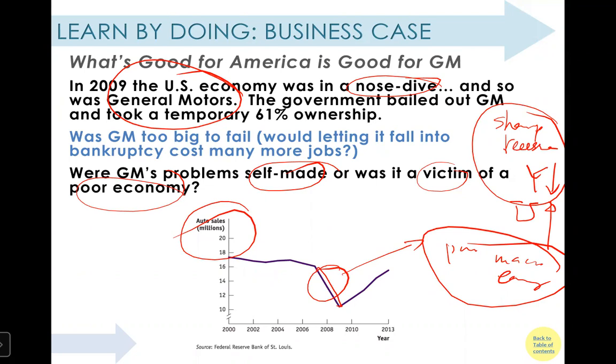So because of the recession, households reduce the purchase of cars. And certainly GM is going to suffer from this big recession. That's why the proponents say we need to bail out GM. That's just part of the argument.